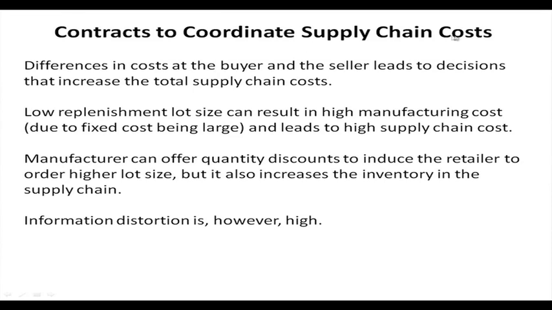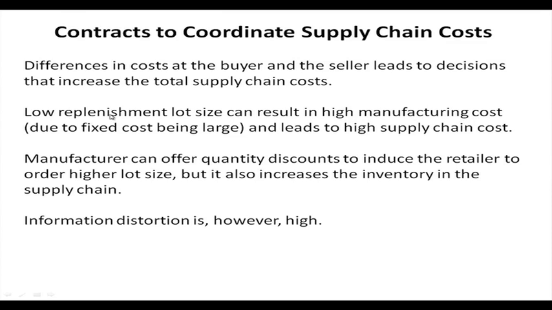Contracts to coordinate supply chain costs. Differences in costs at the buyer and the seller lead to decisions that increase the total supply chain costs. Low replenishment lot size can result in high manufacturing costs.